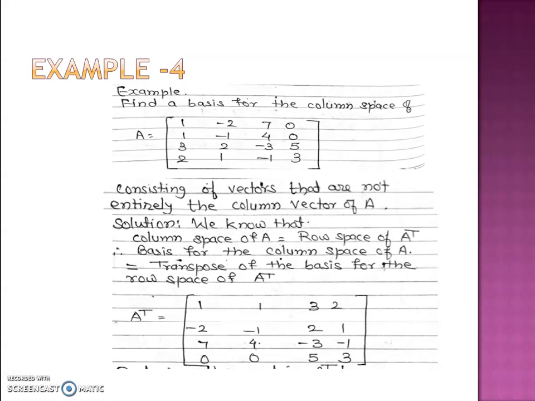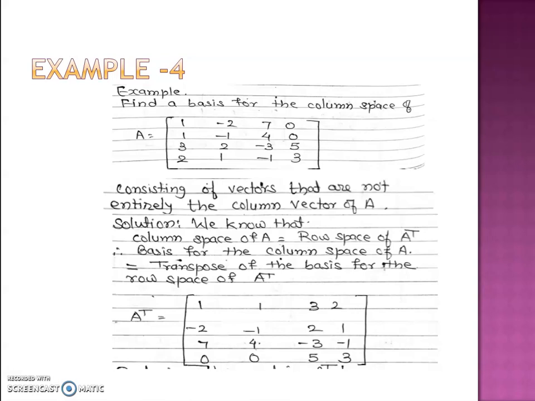Next, find a basis for the column space of A consisting of vectors that are not necessarily the column vectors of A. Solution: we know that the column space of A is equal to the row space of A transpose.